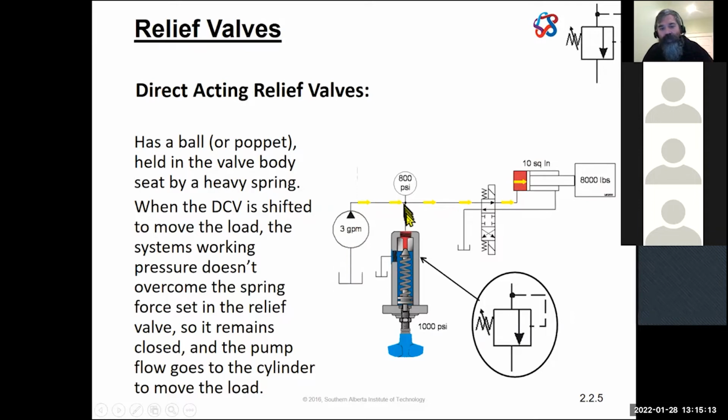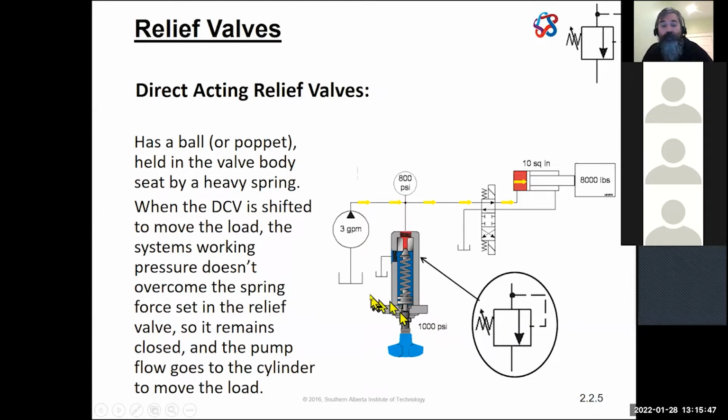As that pressure rises, it would be acting against this spring, over the area of this poppet that's exposed, until it reaches a certain pressure where it would start to crack open. We'll go into more detail on some of the terminology. It would start to crack open and allow fluid to escape, and this would be considered fully open at my 1000 PSI, because at fully open, it allows all the fluid to go through.